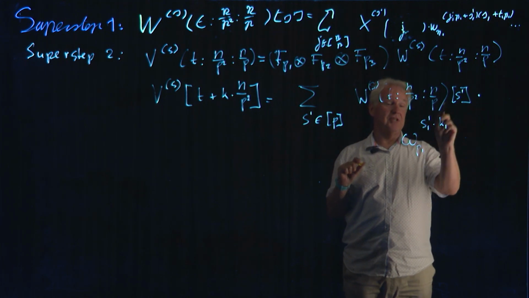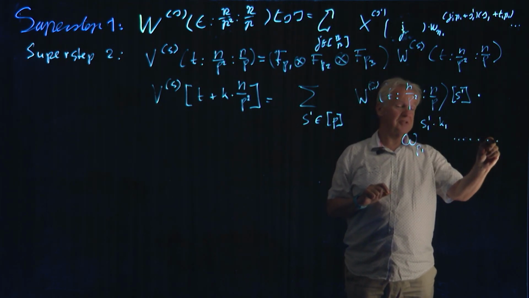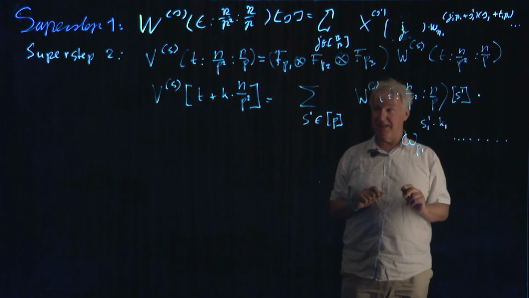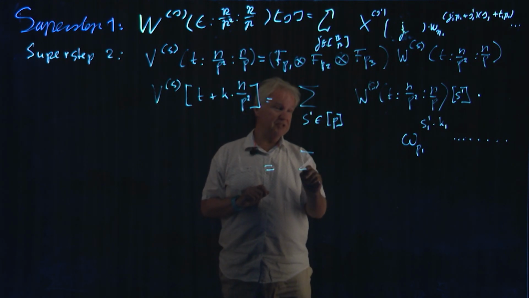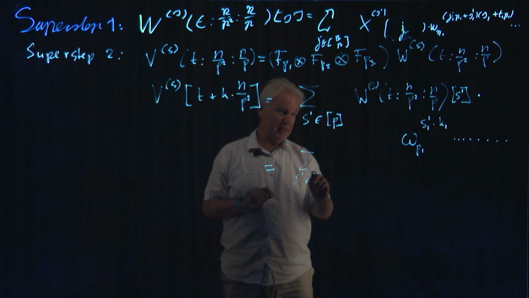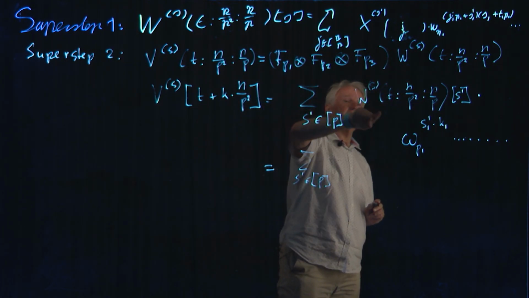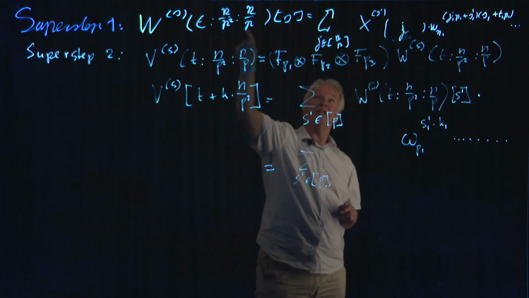So this is the definition of the one-dimensional transform. And of course, we also have omegas for P2 and P3. And this we can write differently as the sum of S prime element P. And then this, we have seen in the previous superstep what it really means.